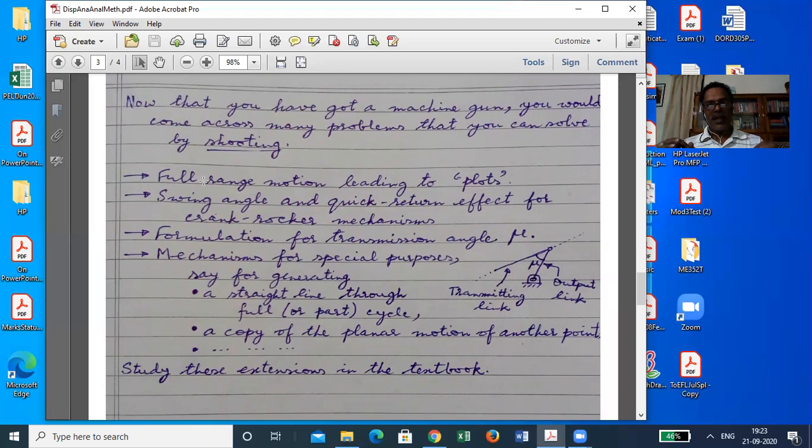And through that, you can also examine how the nature of the plots differ from double crank to triple crank to double rocker, crank rocker, and Grashofian, non-Grashofian, whatever, all those things you can study. This is an interesting study.